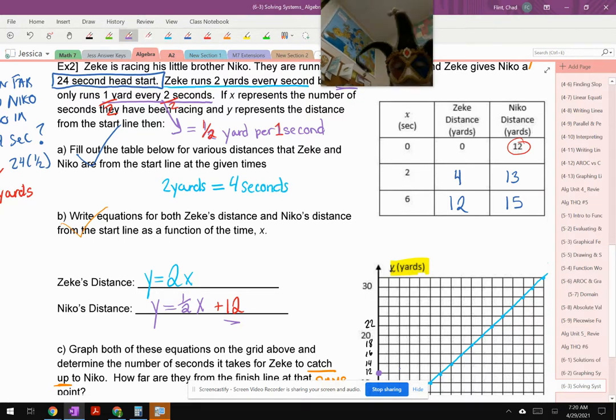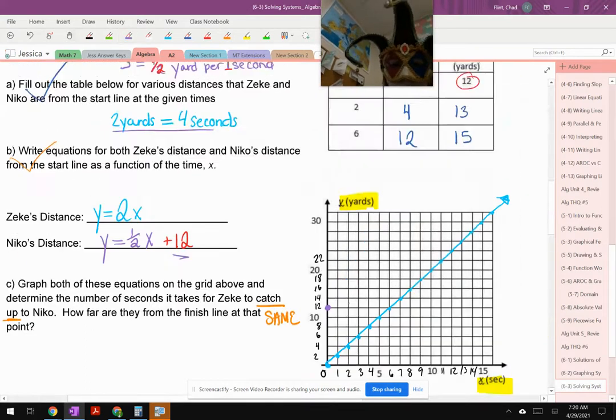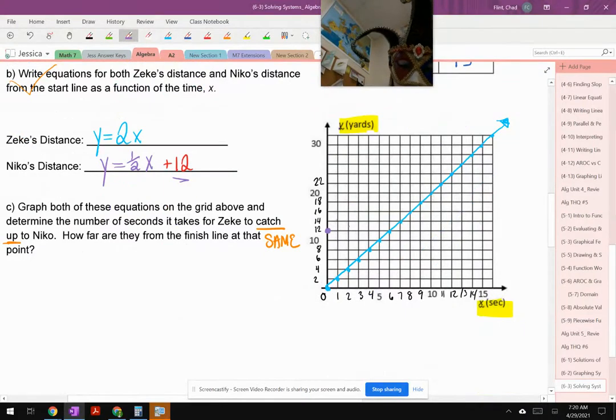We can use this on our graph now. 2 yards would be up 1, and 4 seconds would be over 1, 2, 3, 4. So I'm going up 1 over 1, 2, 3, 4, because that's 2 yards every 4 seconds.